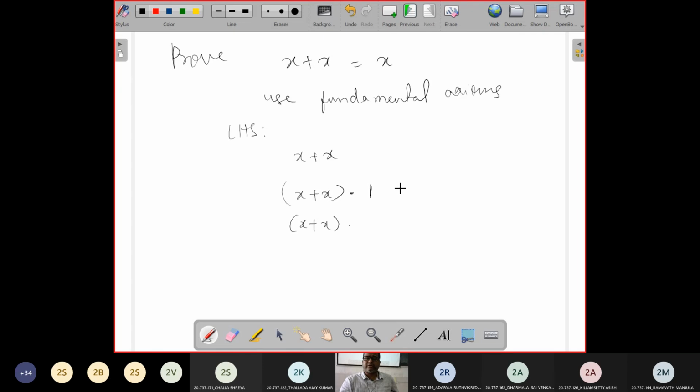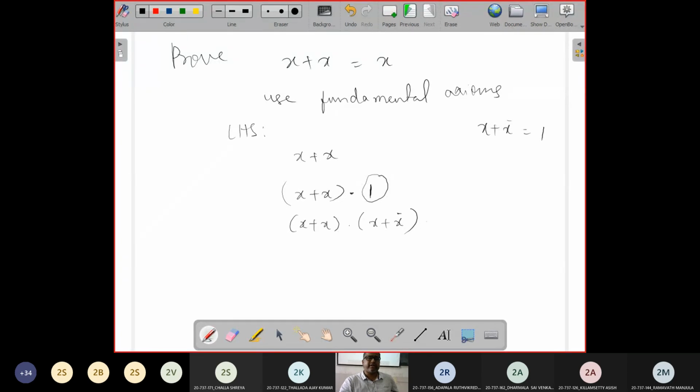Now this 1 here, I can write using the fundamental axioms as x plus x complement. One of the fundamental axioms says that x plus x complement is always equal to 1. So I am replacing this 1 using this fundamental axiom, x plus x bar.